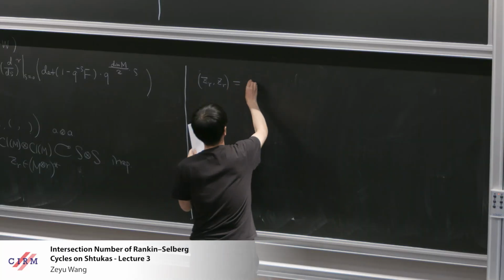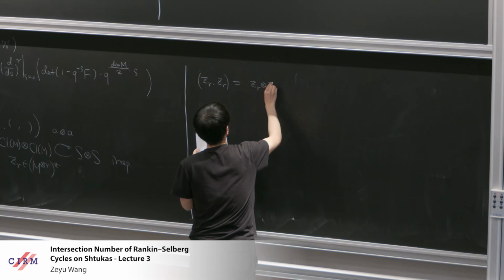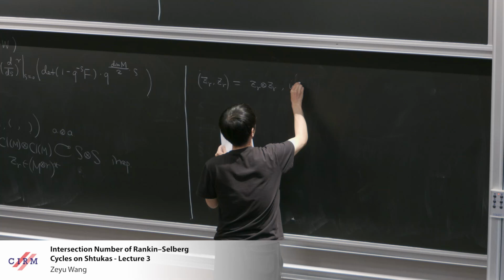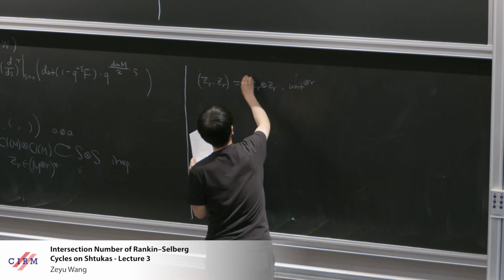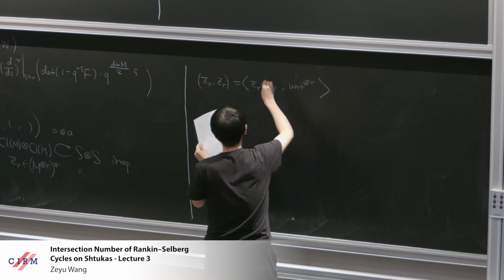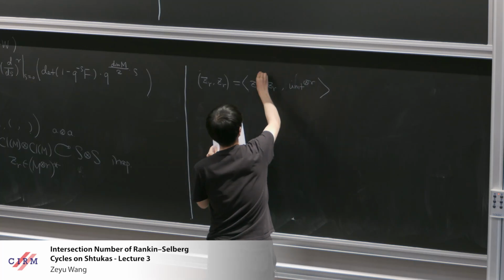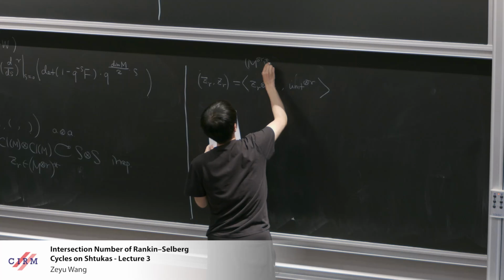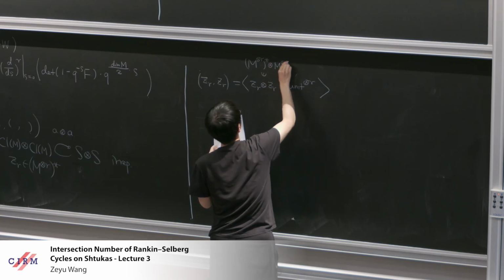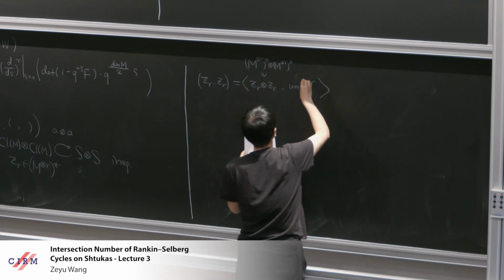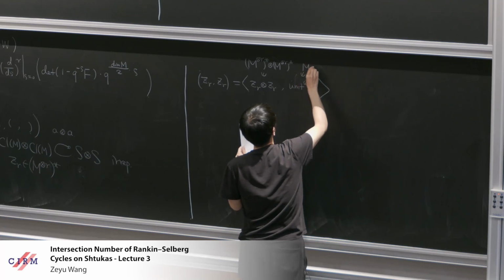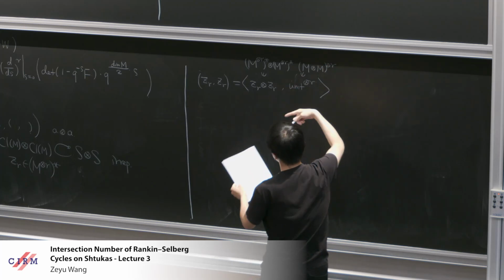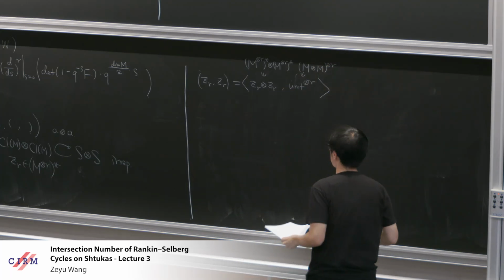You can write it in the following form: you consider ZR tensor ZR and pair it with unit tensor to R, because these two spaces are really dual to each other, and you can make this pairing.